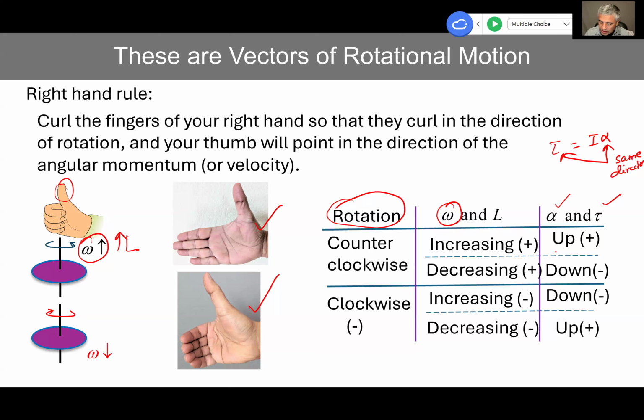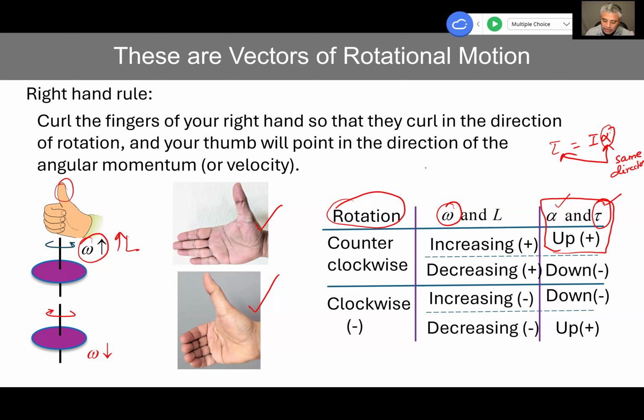So in this case, it's saying up, or if we choose up as positive, okay? So now to get the direction of torque, we need to figure out the direction of angular acceleration. So to figure out the direction of angular acceleration, if we recall how we figured the direction of acceleration, it is the same idea, okay?